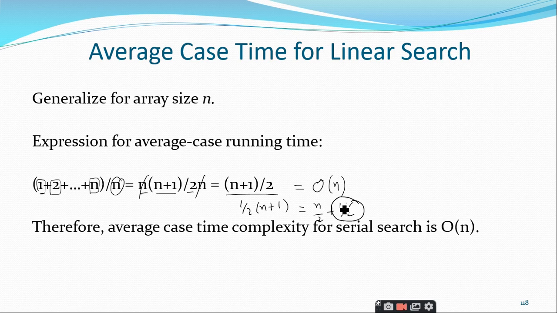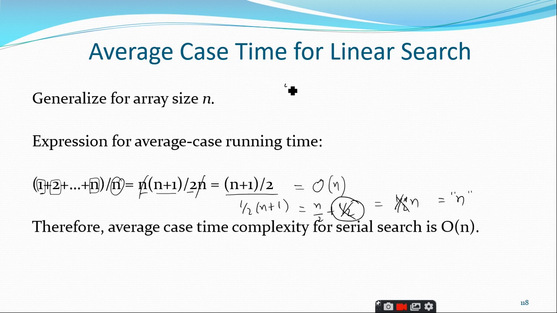So you can remove the constant. Constants don't have any priority in calculating the notations. Similarly, this n by 2 can be written as half into n, so this can also be removed. So finally you will get the value as n. So that is all about the big O of n complexity.